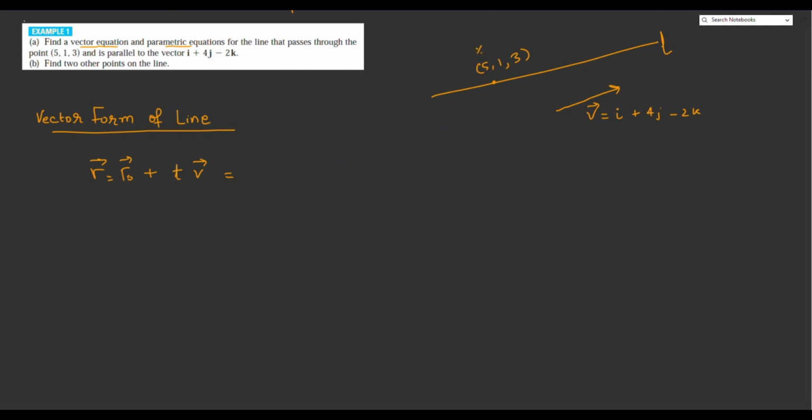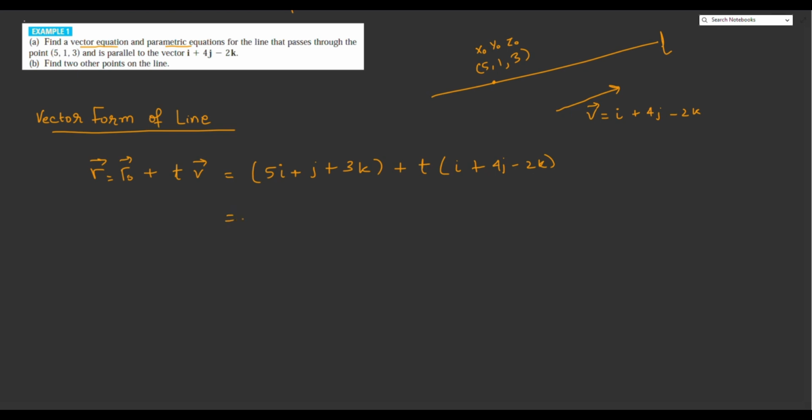Remember, this is our point (x0, y0, z0), and corresponding to this we have the position vector r0, which you can write as 5i + j + 3k + t multiplied with the vector v, which is given by i + 4j - 2k.